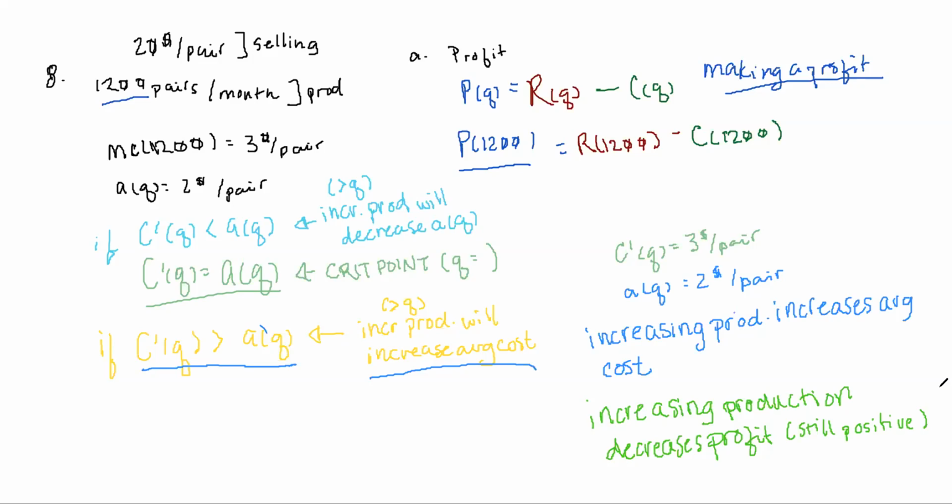So if our costs go up and our revenue doesn't change, then our profits are going to decrease with respect to what they once were. But you're still making a profit, just not as much per unit as you were making previously.